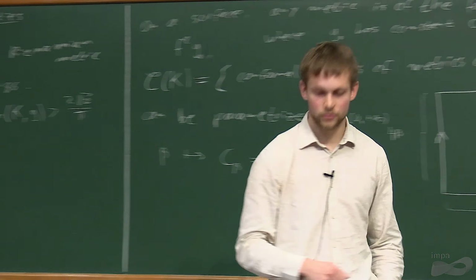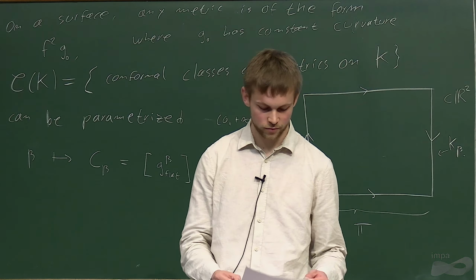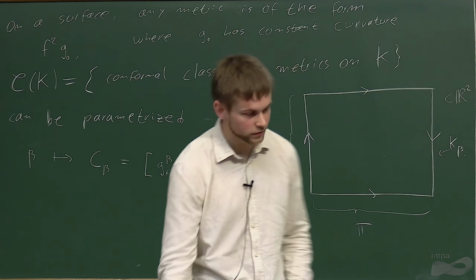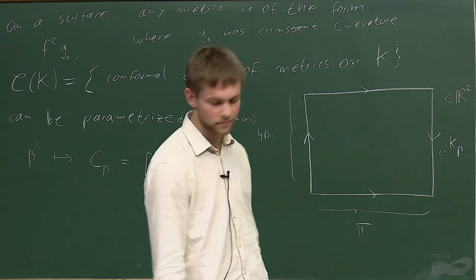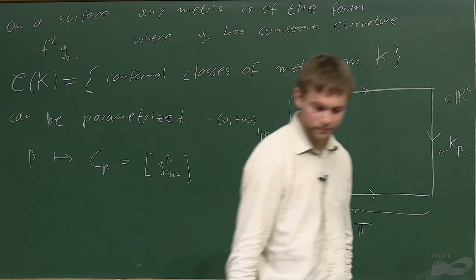So in the remaining time that I have, I will try to motivate and show the construction of this optimal function f beta, and maybe say a few words about the proof in the end.